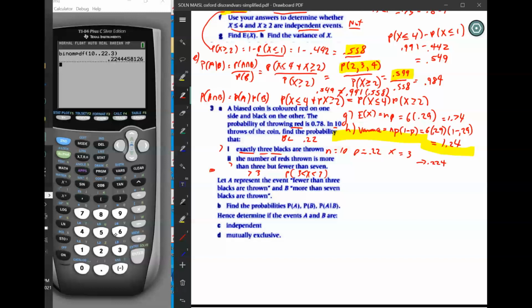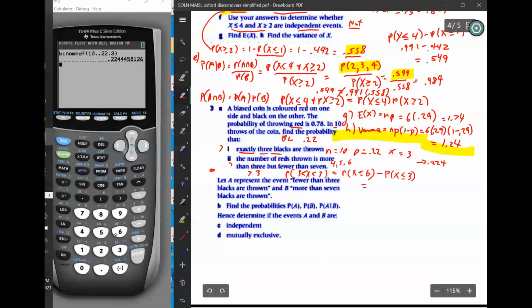It can only do less than or equal to. So we need to set this up as the probability that x is less than or equal to 6, right? Because between 3 and 7, not including 3 and 7, would be 4, 5, and 6, right? So we want the probability that x is less than or equal to 6 minus the probability that x is less than or equal to 3. If we do that, then we're left perfectly with the probability that x equals 4, 5, or 6.